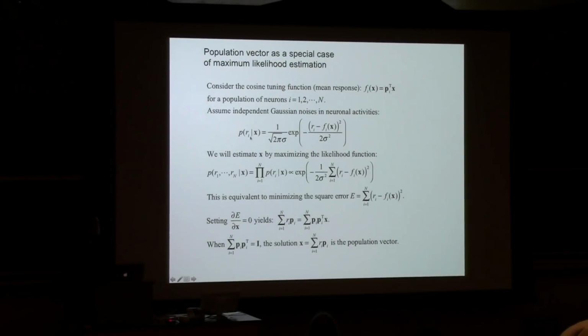This response is a Gaussian distribution. The Gaussian distribution has a mean equal to the tuning curve, because by definition that is the mean response for different x. And the error from the noise, assume it's constant. This is sigma squared, the variance, all right?